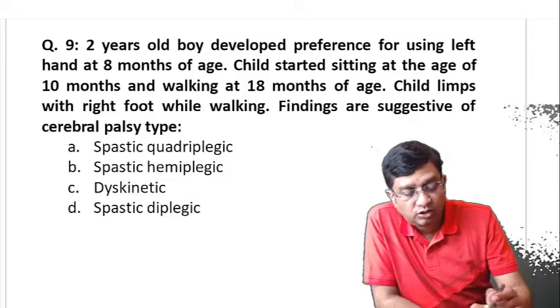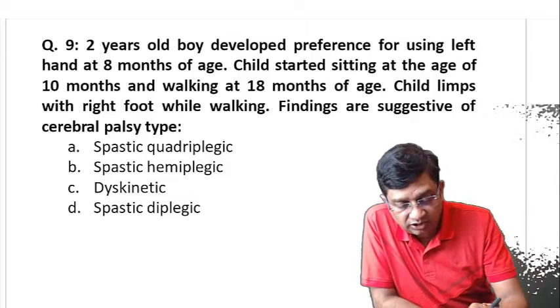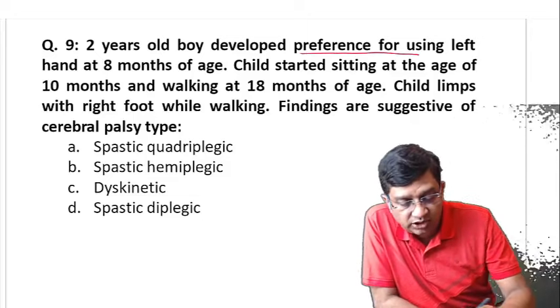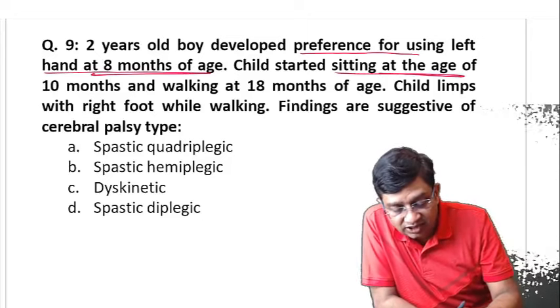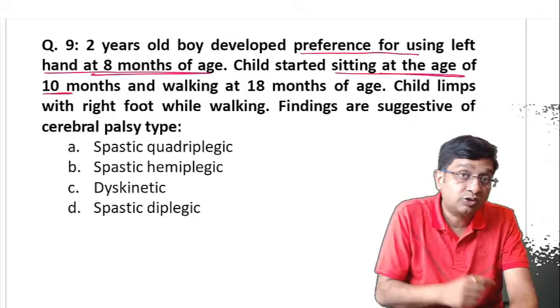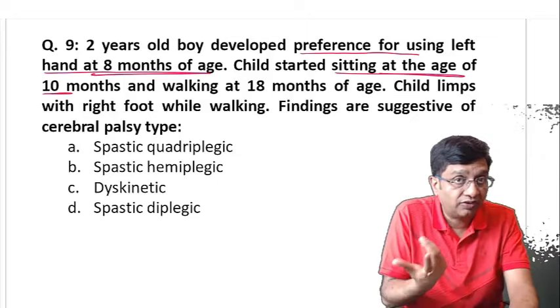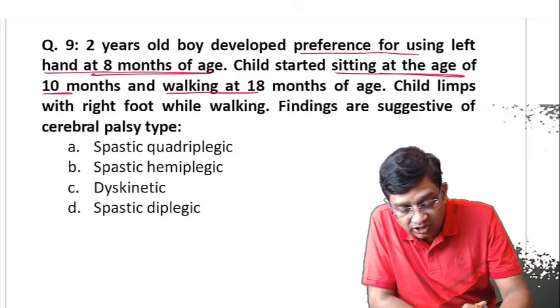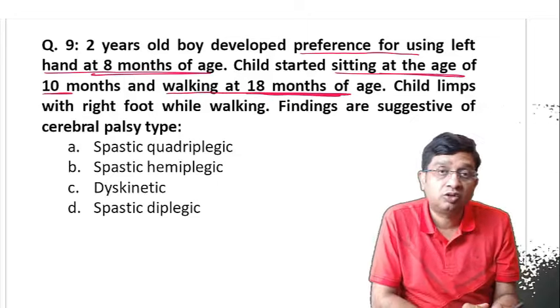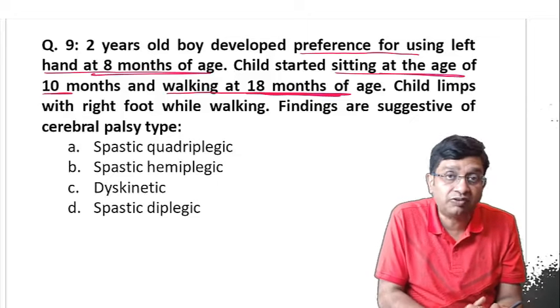Next question. 2-year-old boy developed preference for using left hand at 8 months of age. Child started sitting at the age of 10 months, but the child should start sitting at the age of 5 months and without support at 7 months, so delay in milestones. Walking at 18 months of age, normally the walking develops by 15 months of age.